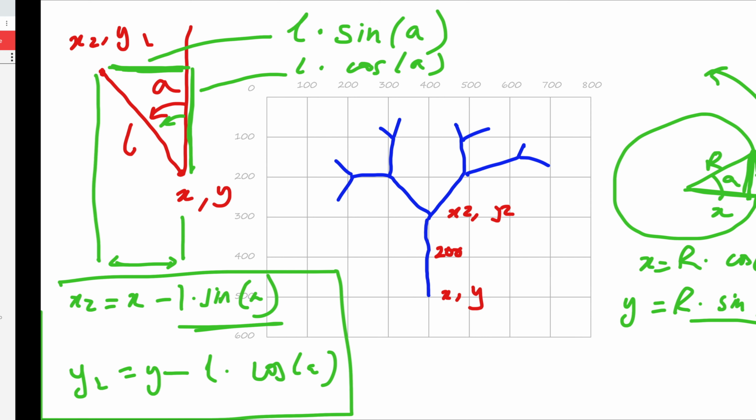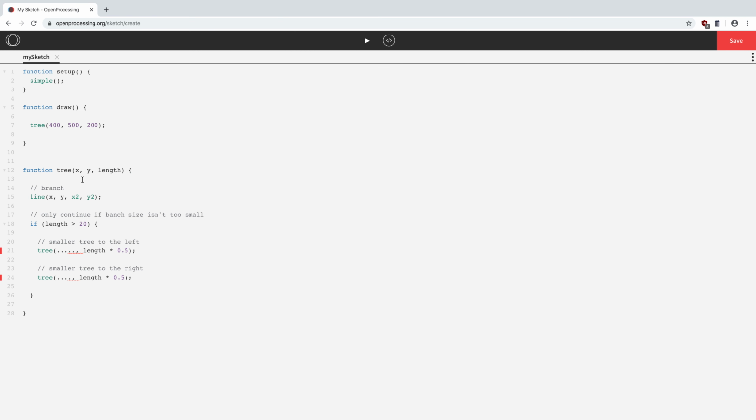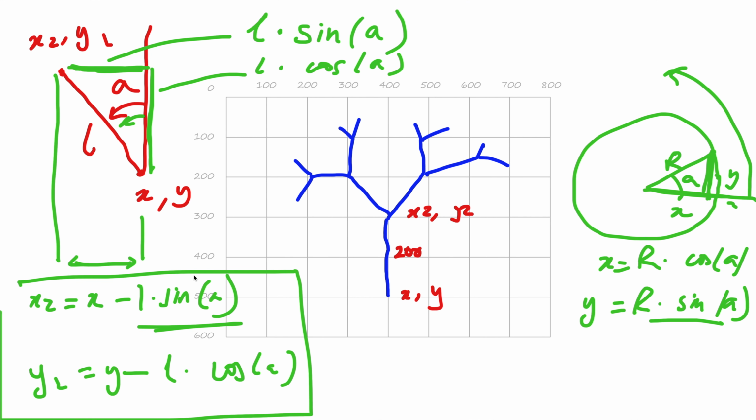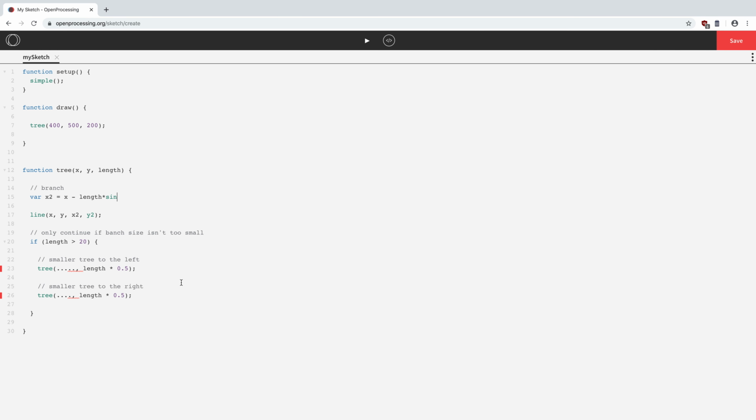Let's do that. So we know what x is, we just need to work out what x2 and y2 are. So we can work that out. We can say var x2 equals x minus length times sine. Was it sine? Yes, it was. Sine of the angle.